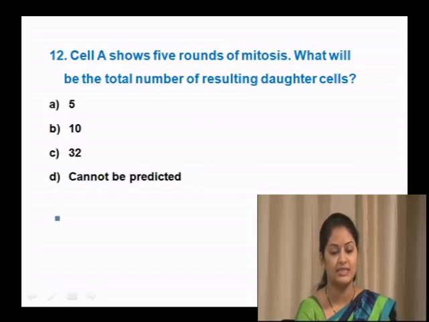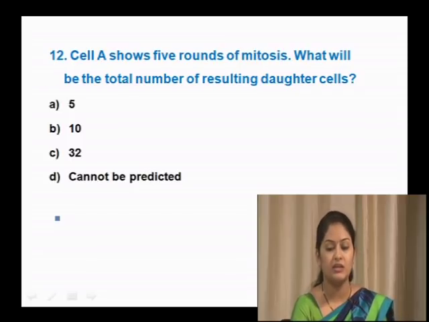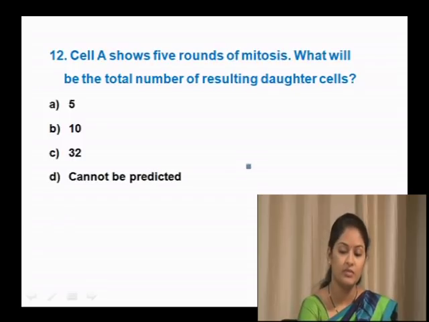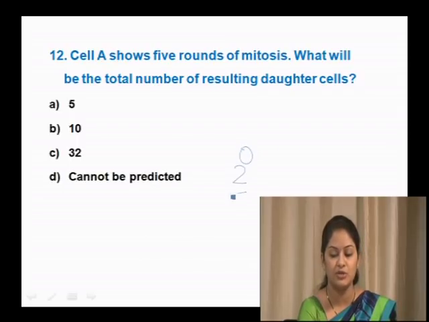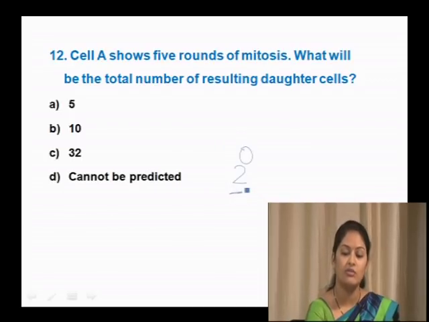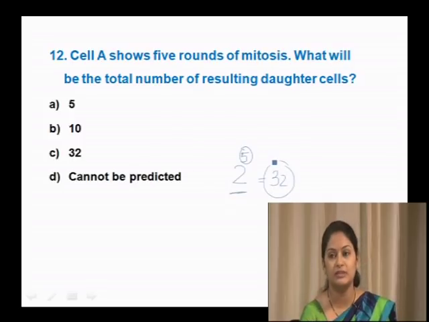A says 5, B 10, C 32, D cannot be predicted. Now to calculate the number of daughter cells formed, you have to use the power of 2. Every time, mitosis results in the formation of 2 daughter cells, and how many times it has occurred is the power. So 2 to the power 5 makes it 32. Therefore the total number of daughter cells at the end of 5 rounds of mitosis will be 32.